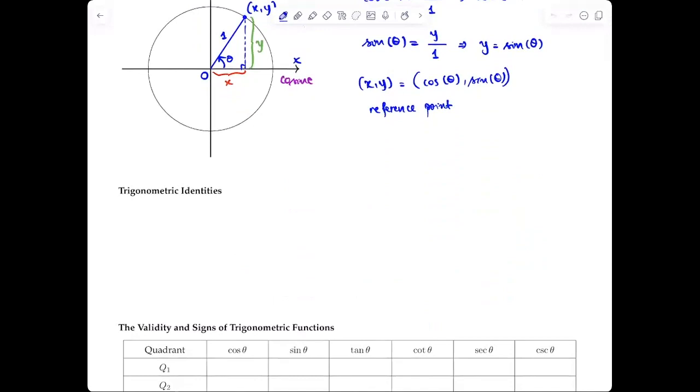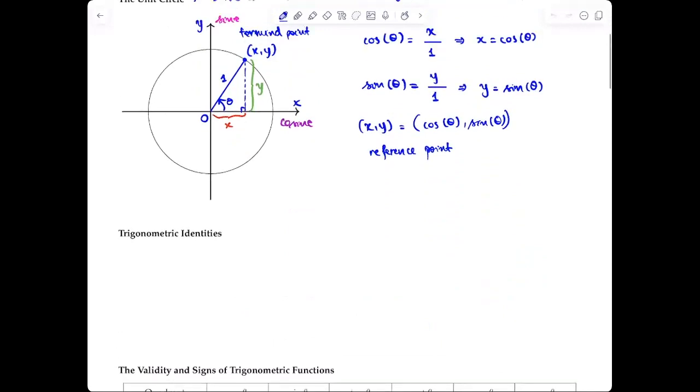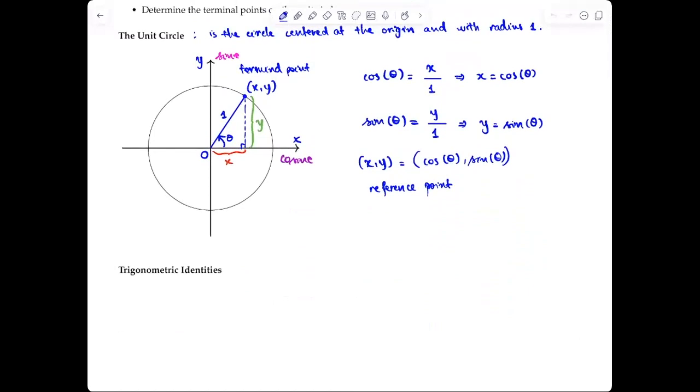Okay. And the equation of the unit circle specifically is x squared plus y squared equal to 1. Or even more specific into how to get that: if you look at the right triangle here and you apply Pythagorean's theorem, you get x squared plus y squared equal to 1, or equal to 1 squared for that matter.